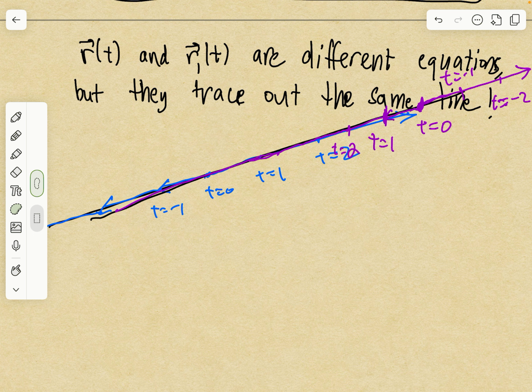So you're going to get an infinite number of equations for the line, but you're going to trace out the same line. Okay. And that in general is going to happen when you have these parametric equations, where you're describing the points on the line in terms of some parameter t. Okay.